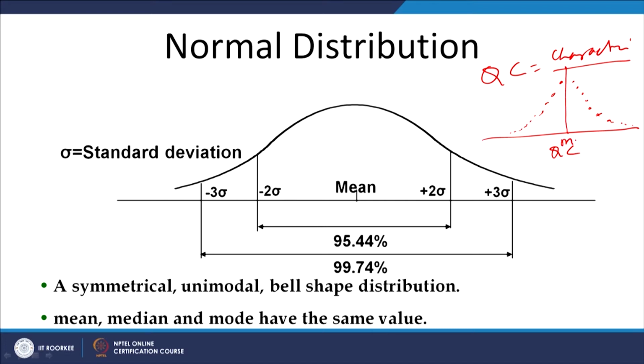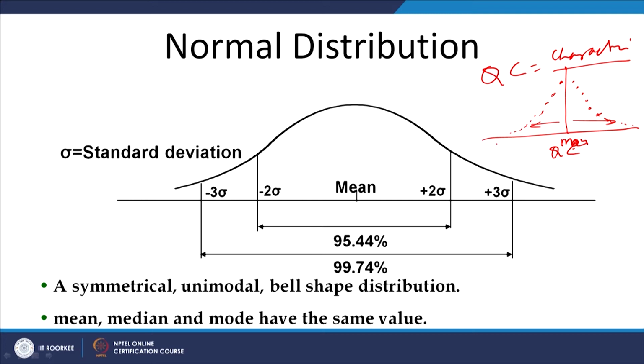This is the mean value where the data segregates, and the extent of dispersion, the deviation from the mean value, we can see from the increasing distance of the points from the mean value.